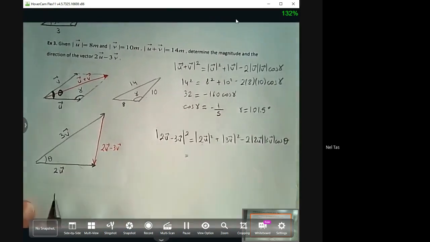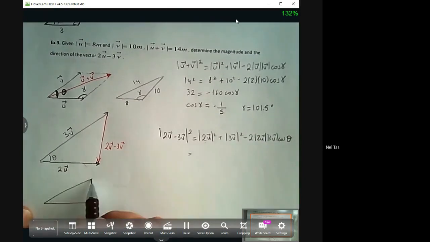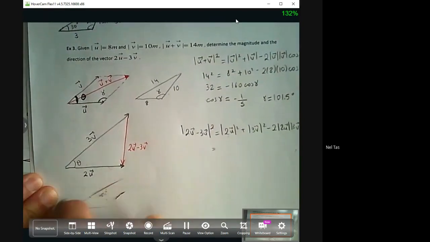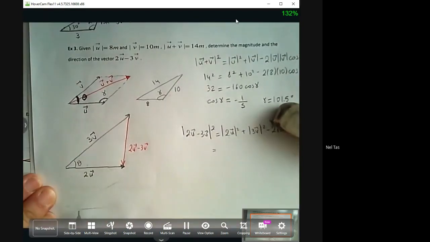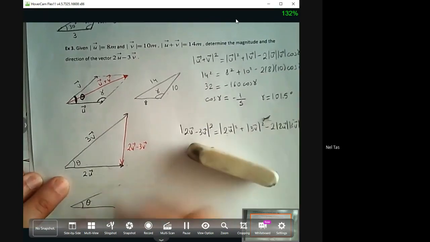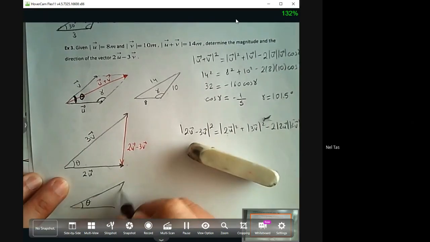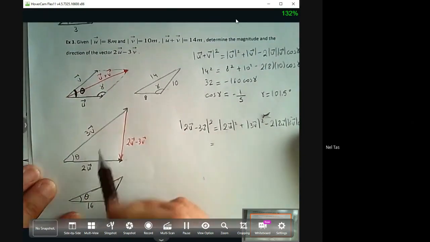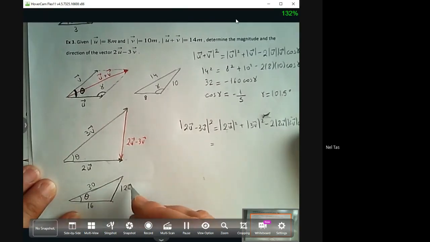So again, if I draw this triangle once more, theta. 2u, u is 8, so 2u is 16. v is 10, 3v is 30. And I am looking for the magnitude of 2u minus 3v.